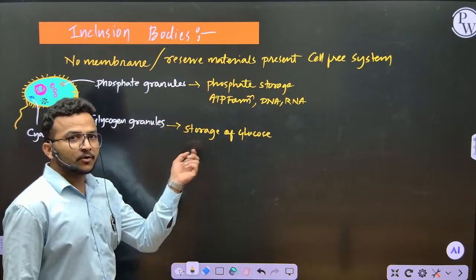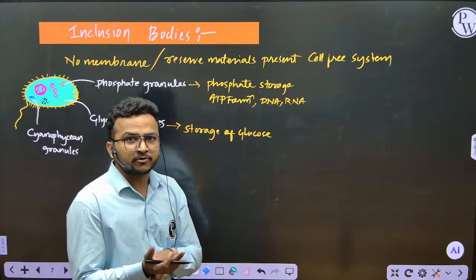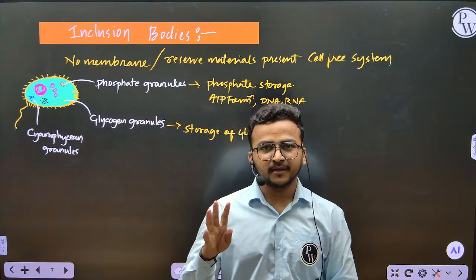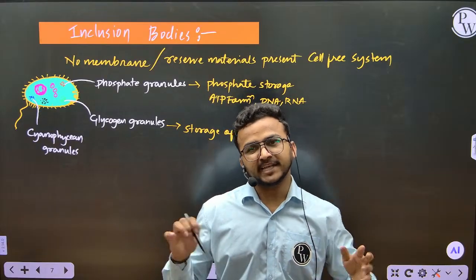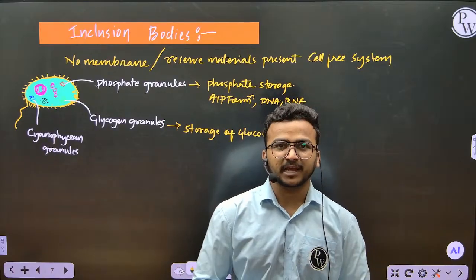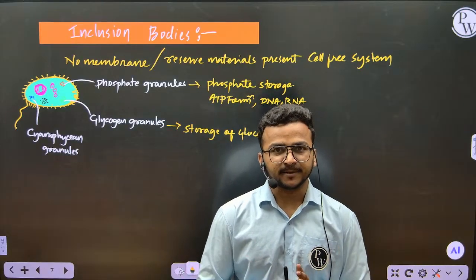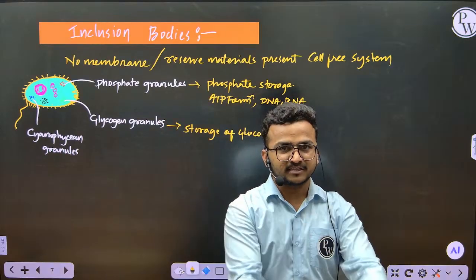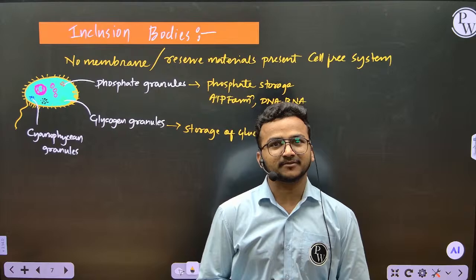So glucose will be stored in this case as glycogen granules. And where will it be used? If a bacterium is undergoing starvation... Think of a bacterium present in the kitchen of your house, enjoying the food there, roaming and engulfing the food that is present. Suddenly one day, bad luck, the bacterium is thrown in the dustbin. There also a lot of food is there, because bacteria can survive anywhere, everywhere.